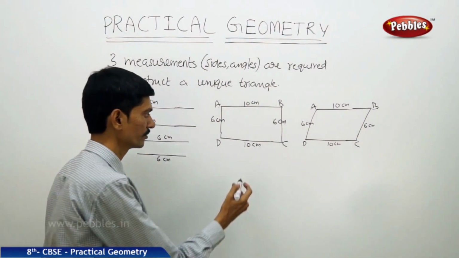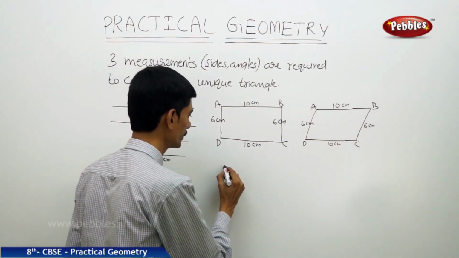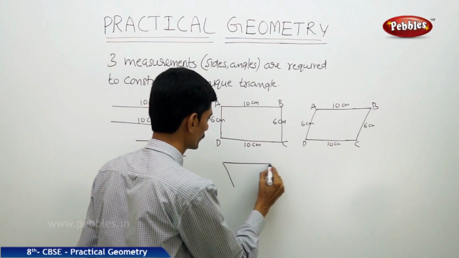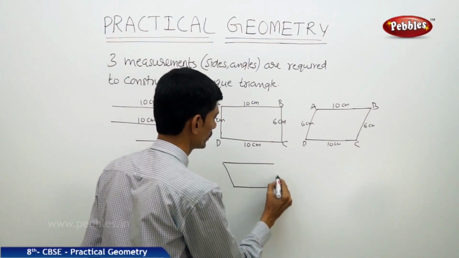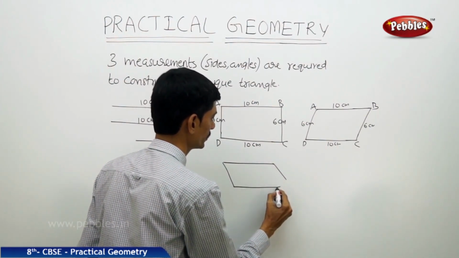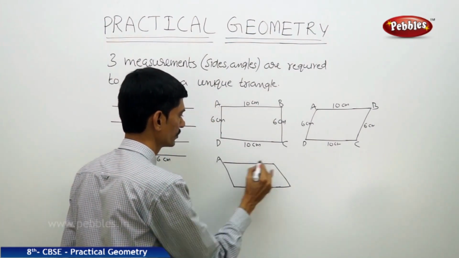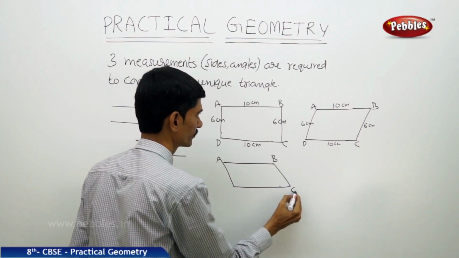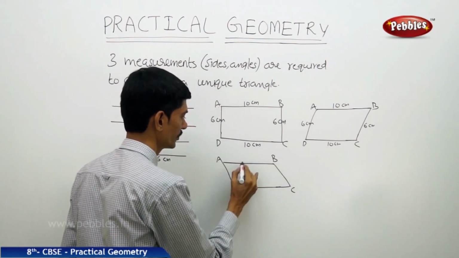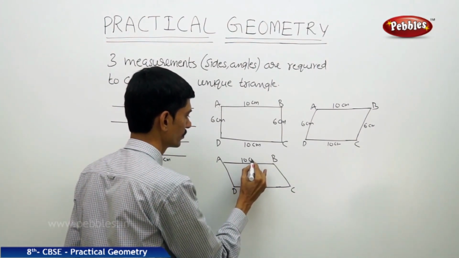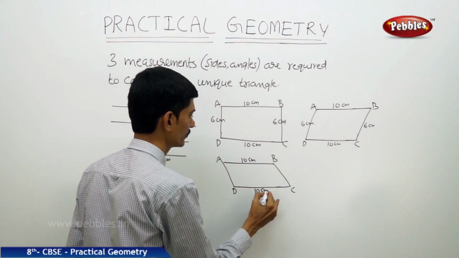Now if you push once again in the opposite direction, the shape of the rectangle is changed again. Now also it is a parallelogram but in a different shape. In this case also the measurements are same.